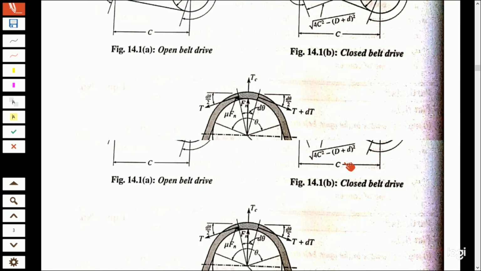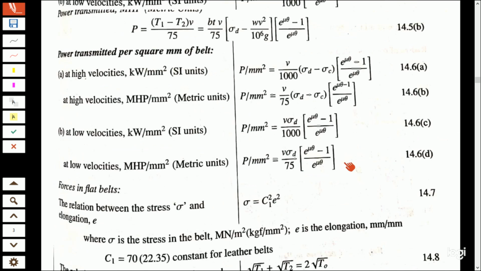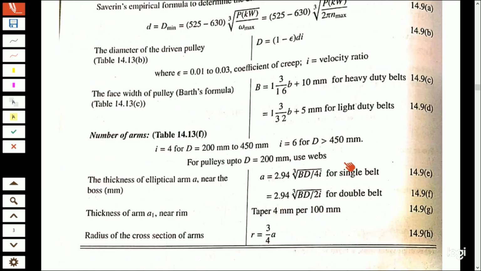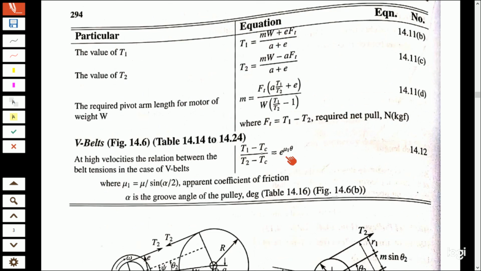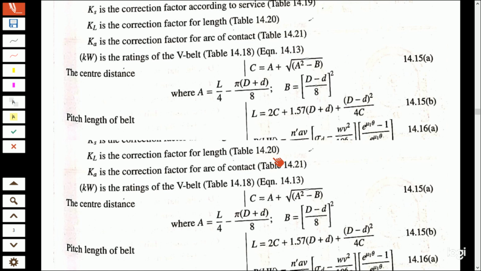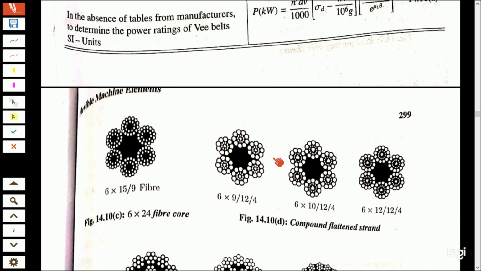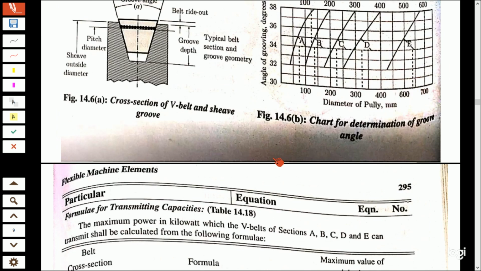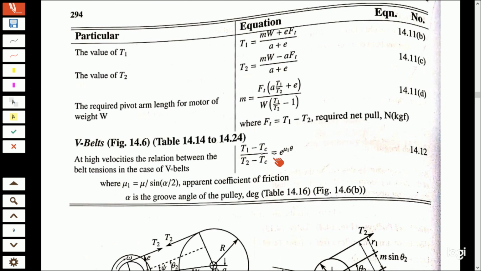There is something special with that equation. Look here, this is the equation, 14.12. All of you please make a note of this.